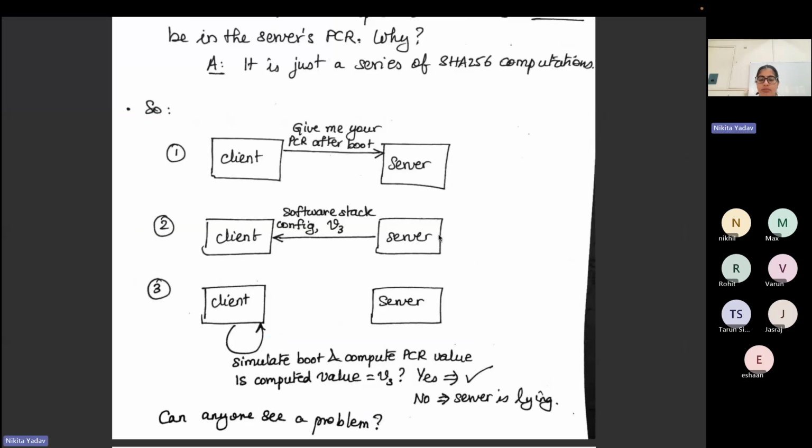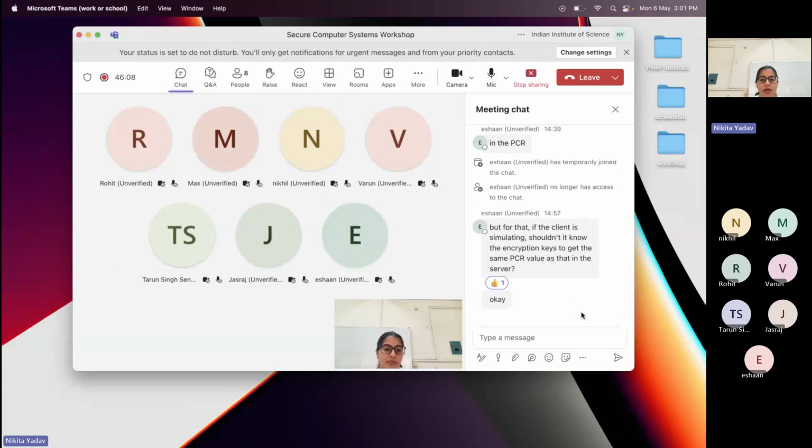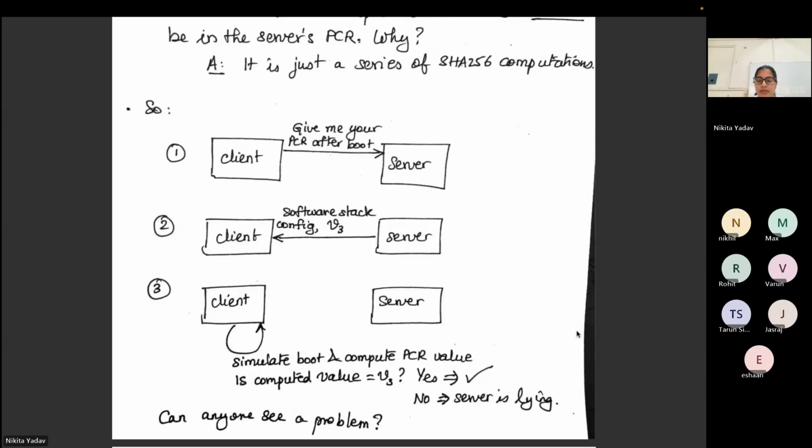Is there any problem you see here? Have you heard about replay attacks? What is the replay attack? Will you be able to do a replay attack here?